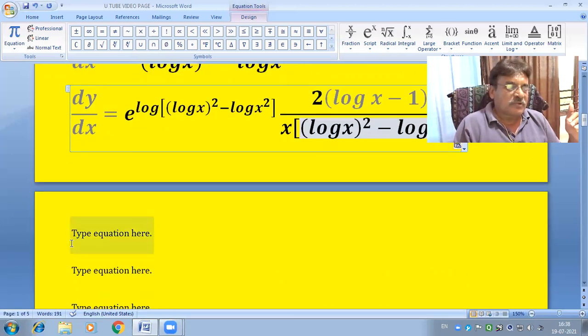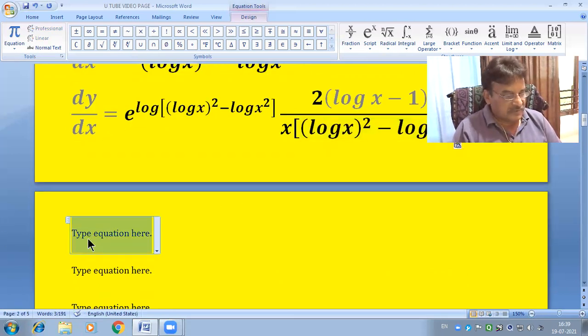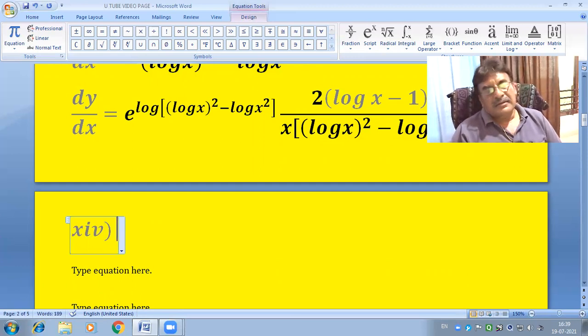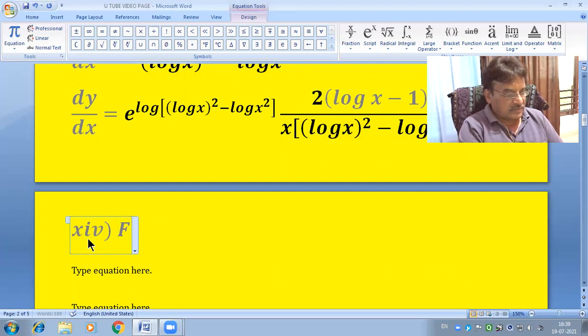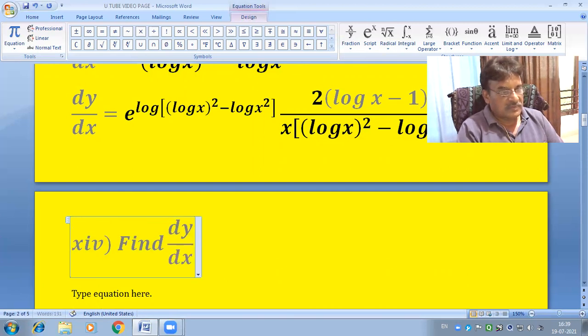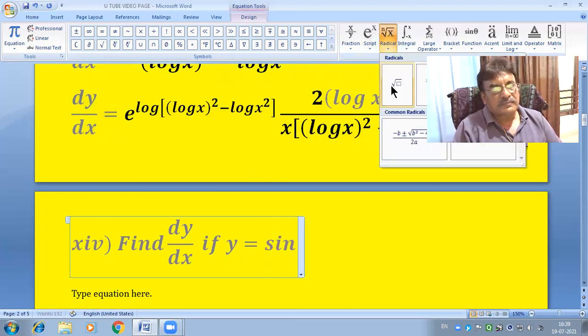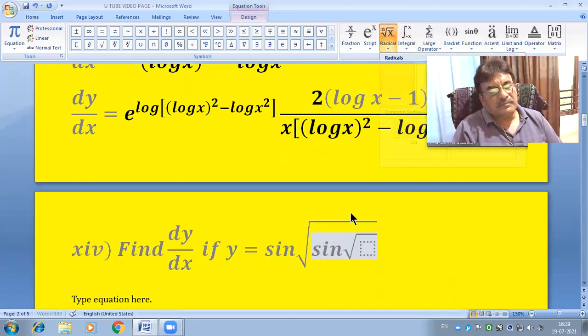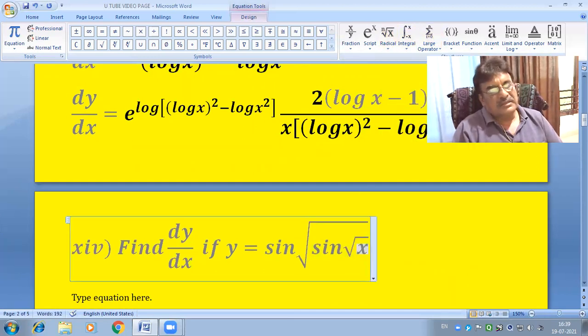Next problem, that is problem number 14. Again in this problem, we find dy/dx. Find dy/dx if y = sin(√(sin √x)).